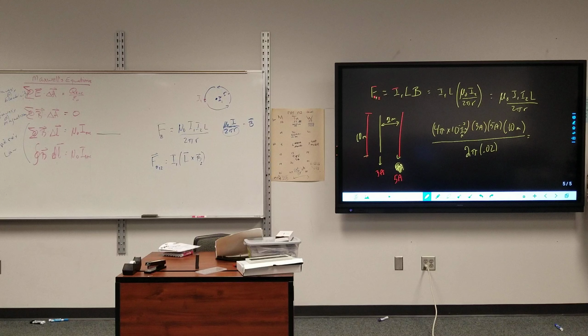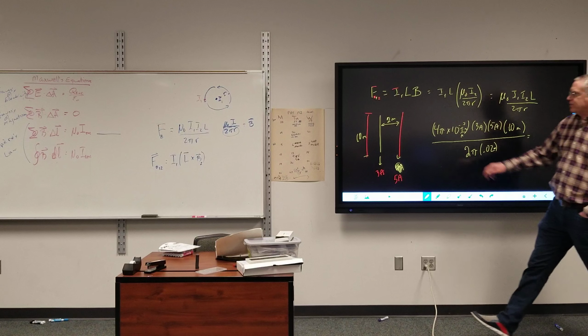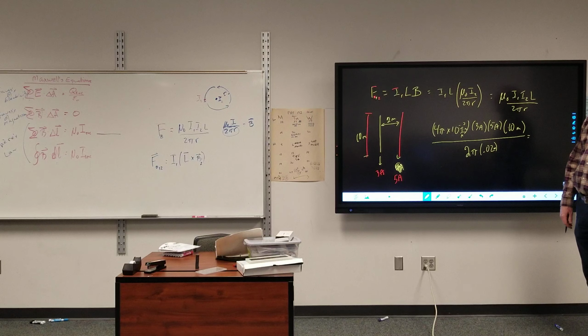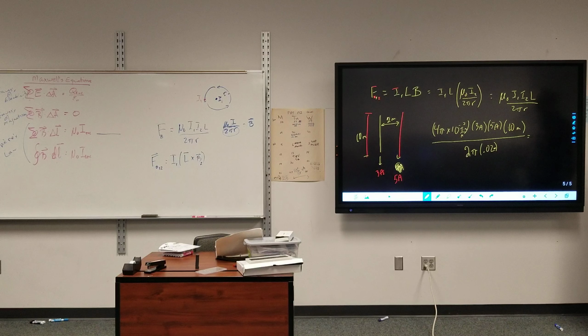So what is the force? First, do you have to change the centimeters to meters? Or did you say meters? Oh, I thought you said centimeters. That's centimeters right there, but I converted to meters so that things cancel out nicely. Is that 4 pi times 10 to the negative 7? Yes, 4 pi times 10 to the negative 7. I feel like I'm off on something here.